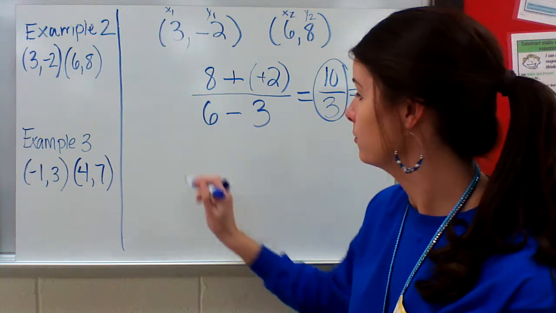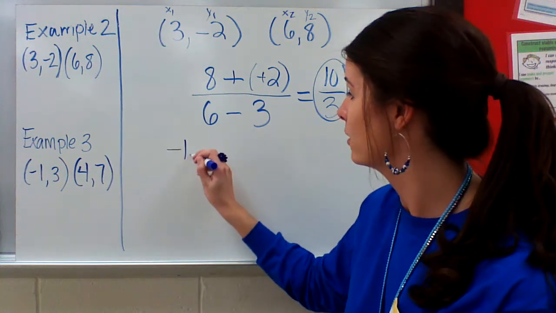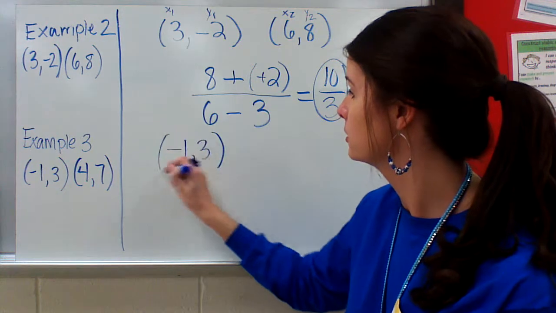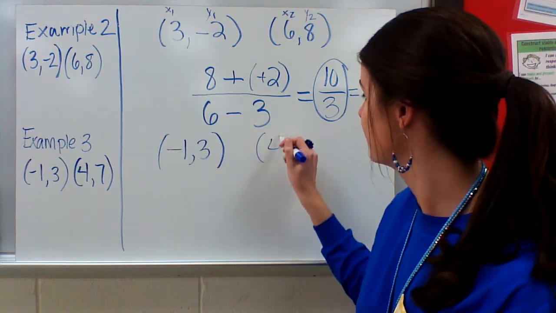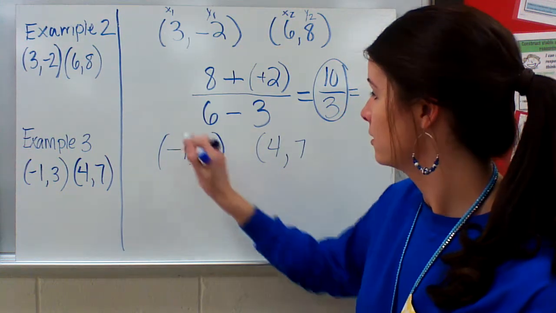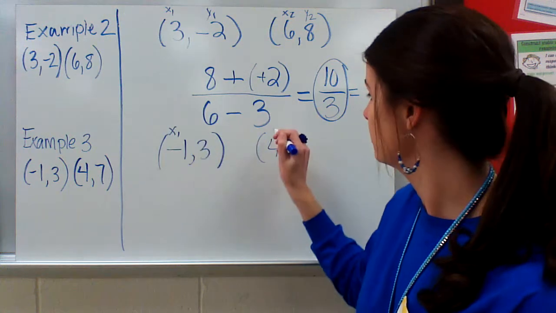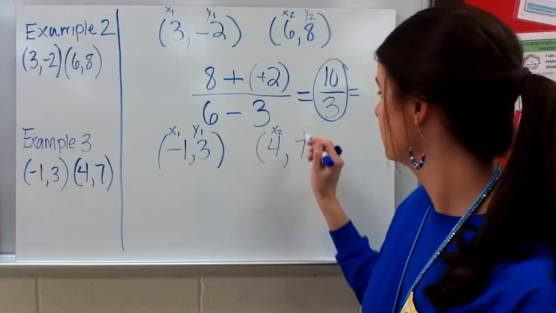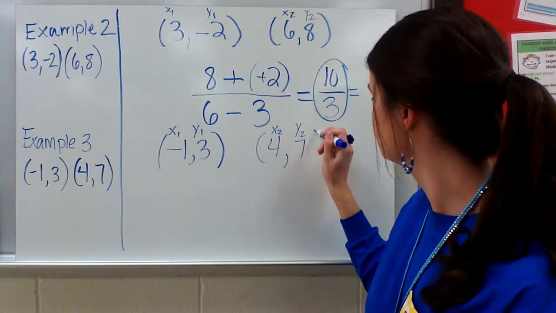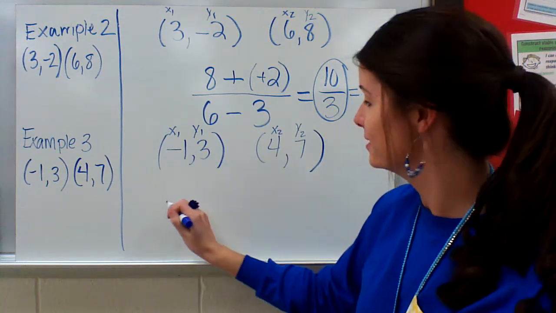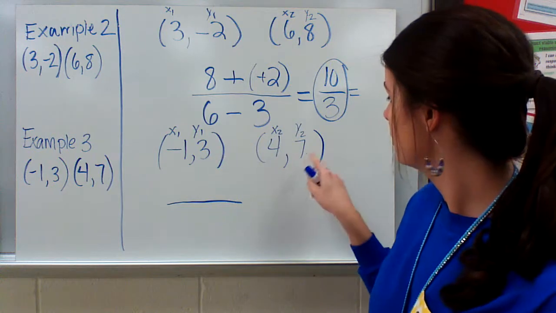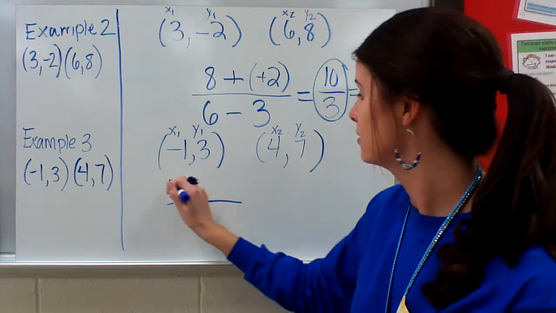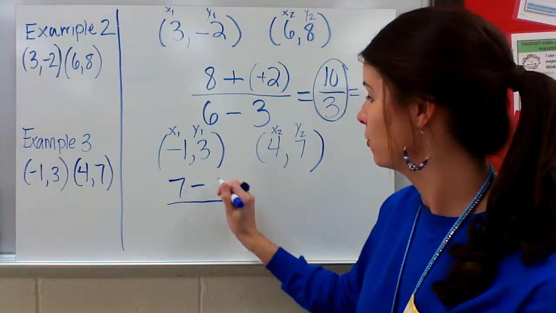Example number 3, we have the points (-1, 3) and (4, 7). Label x sub 1, x sub 2. Y sub 1, y sub 2. I'm going to set it up. We have 7, and we subtract 3.